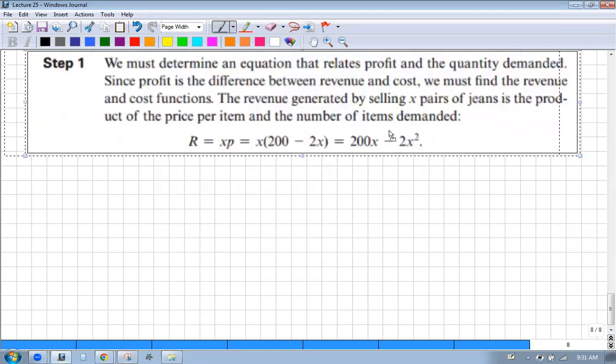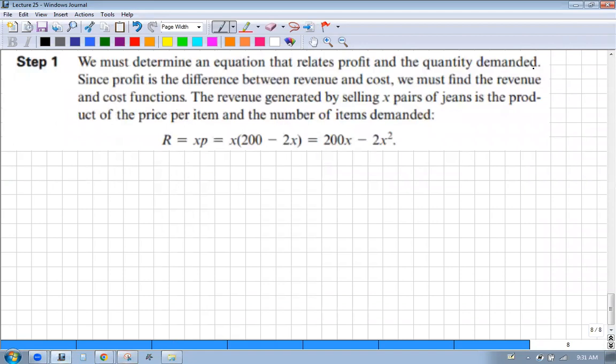You must determine an equation that relates profit and the quantity demanded. Profit is the difference between revenue and cost. We must find the revenue and cost functions. The revenue generated by selling X pairs of jeans is the price times the number. Yeah, X times P. That was good there. And they gave us P to be this, so you just substitute that in.